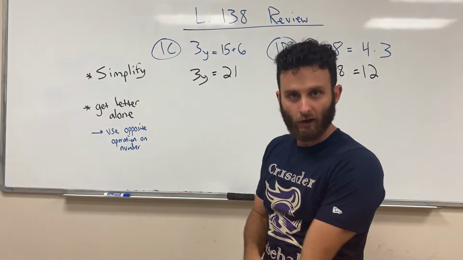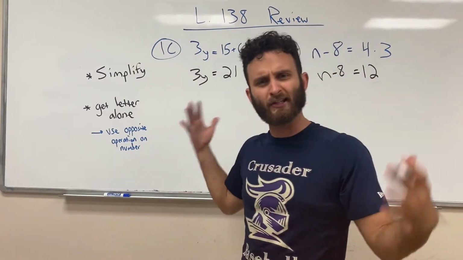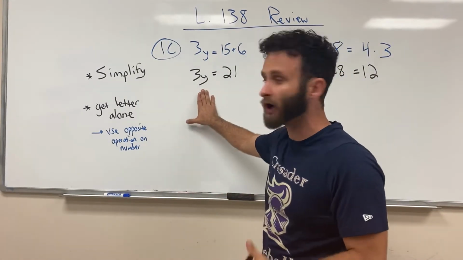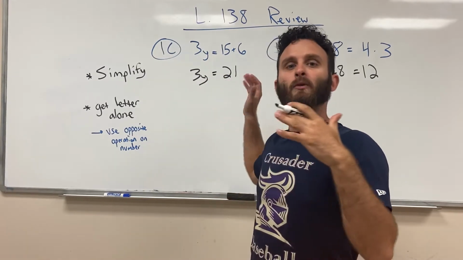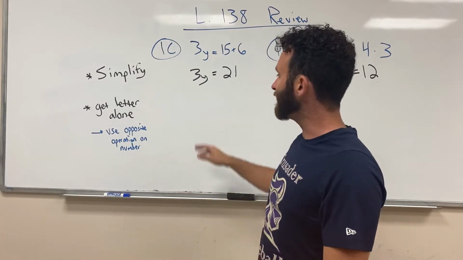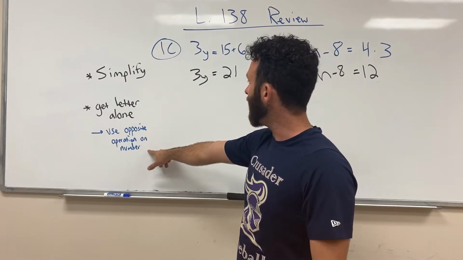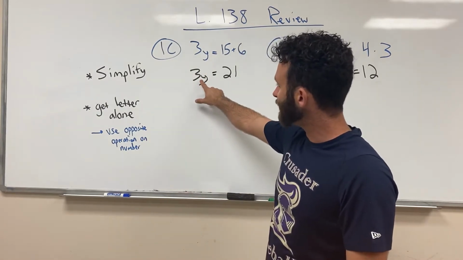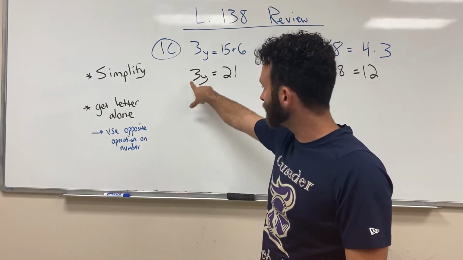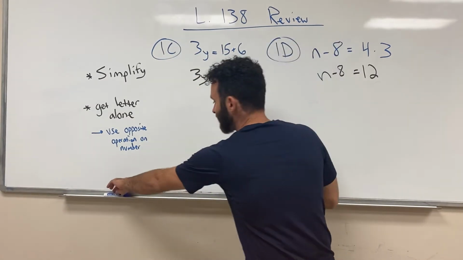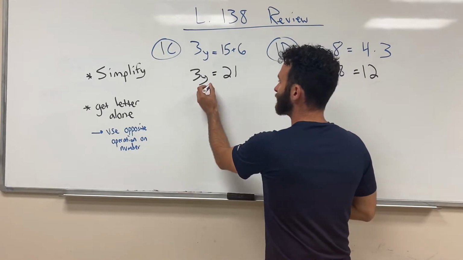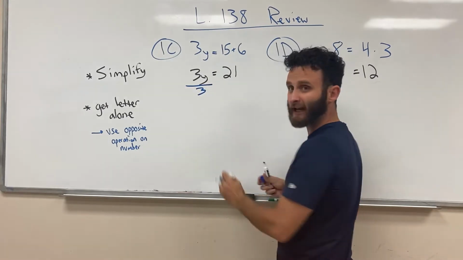Second step is to get the letter alone. How do we get the letter alone? Well, the letter, remember, represents kind of like a question mark. There's a number that needs to go into where the letter is. We don't know that number. We've got to figure out how to get that number by using the opposite operation on that number. So this is a multiplication problem with the number 3. So we need to divide by the number 3, but we can't do it just to one side.